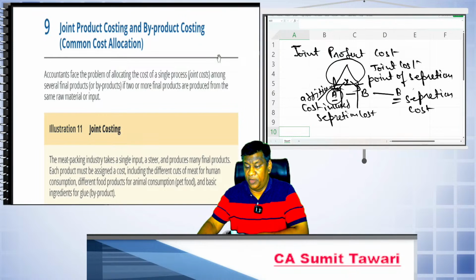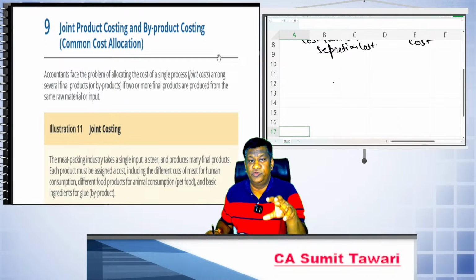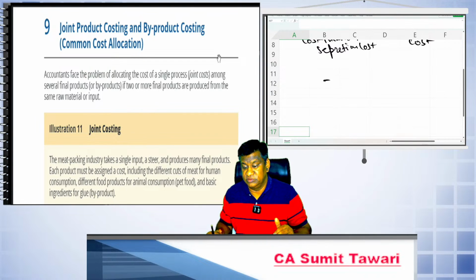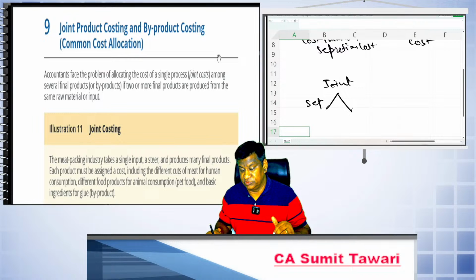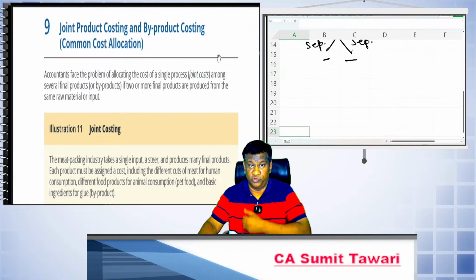Okay. So up to a certain level where you are not going to bifurcate the product, this is your joint cost. Once you start to bifurcate, then it is basically the separable cost. Separable cost for one product and separable cost for another product. So that is basically the joint product cost.